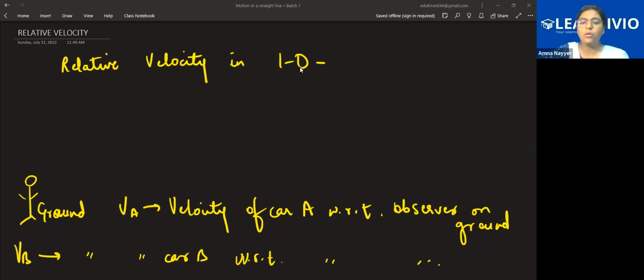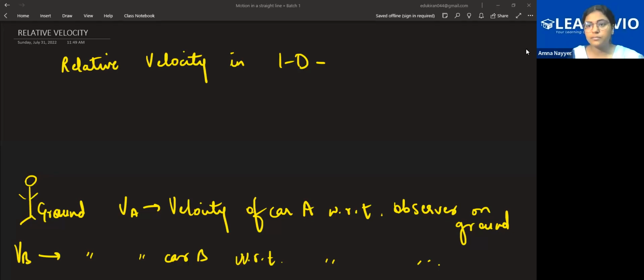Now, if one more body is moving, there would be a change in both bodies' perspective because of the frame of reference. If the person is observing from the ground, the velocity would be something else. If both persons are sitting within the car, the velocity would be something else. That is the concept of relative velocity.